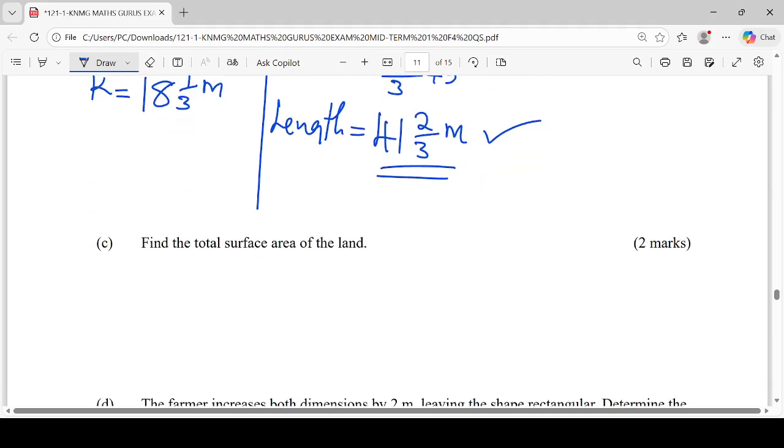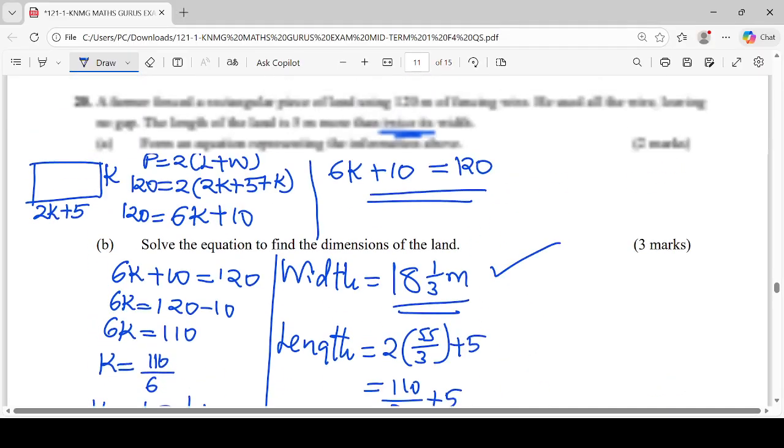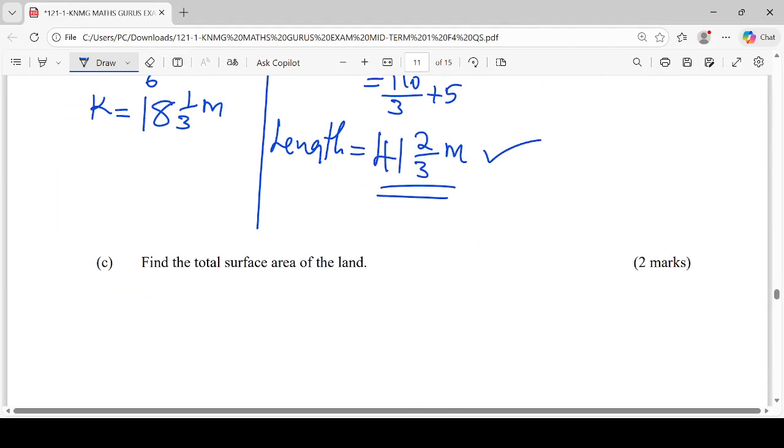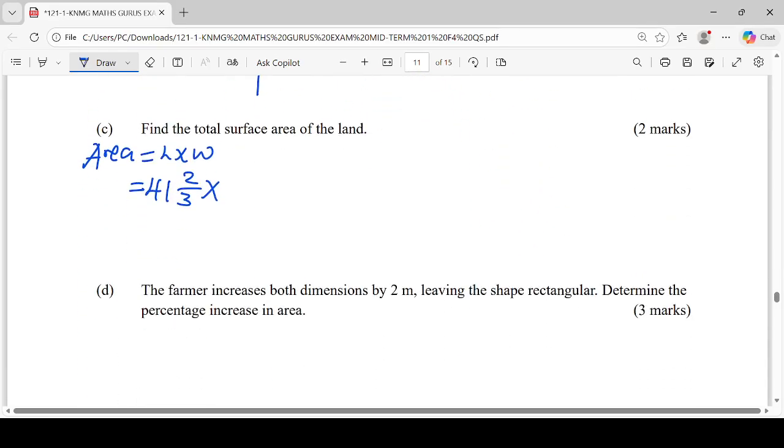Part C, find the total surface area of the land. When you are told to find the total surface area of the land, this is just the area. Remember that area is given by length multiplied by width. The length is 41 2 over 3 multiplied by the width, which is 18 and a third.